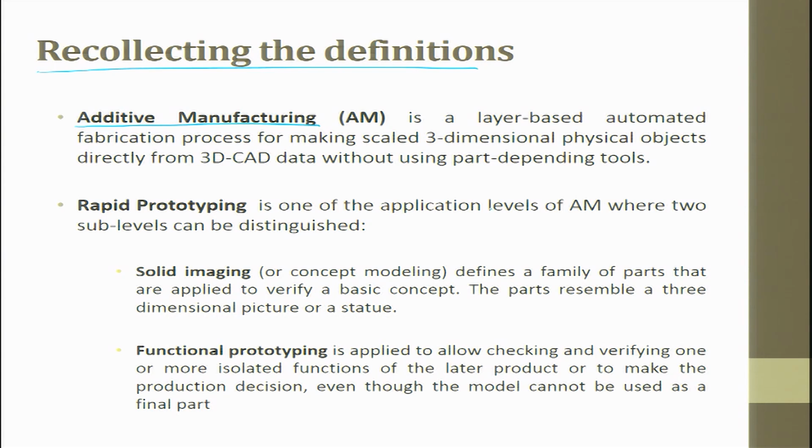Prototyping is one of the application levels of additive manufacturing where two sub-levels can be distinguished. One is solid imaging or concept modeling, which defines a family of parts that are applied to verify a basic concept. The part resembles a three-dimensional picture or a statue. So this is solid imaging.